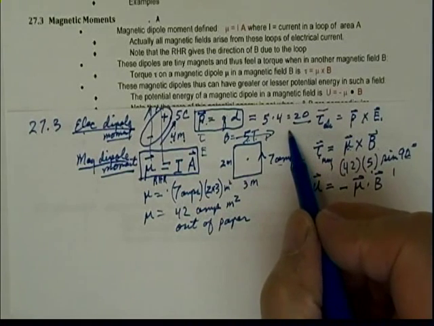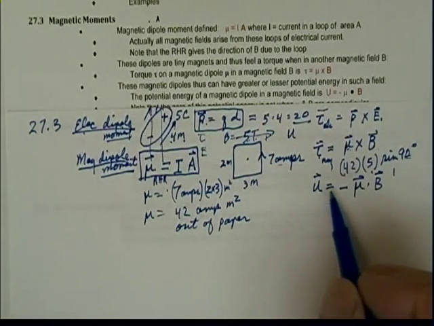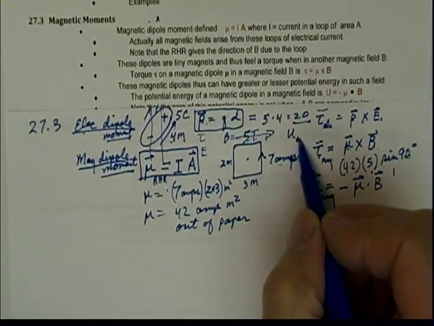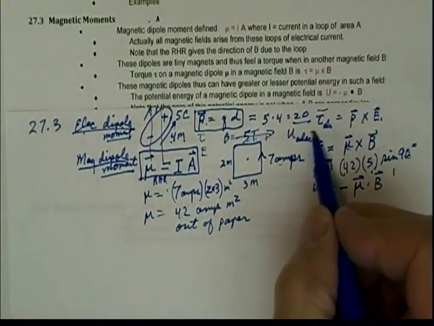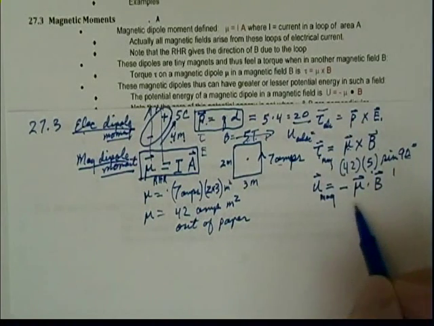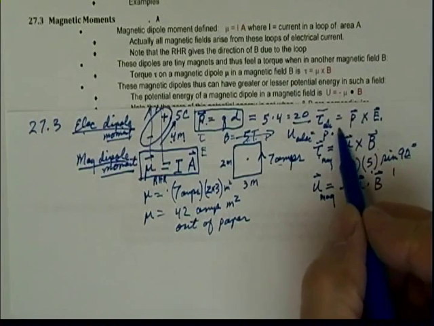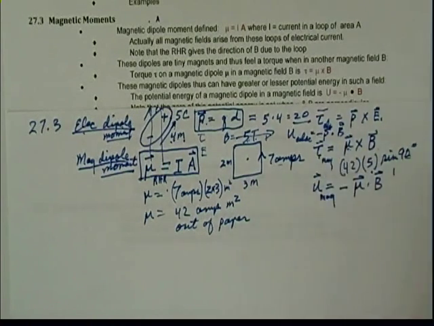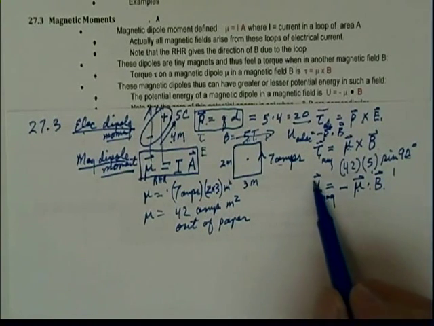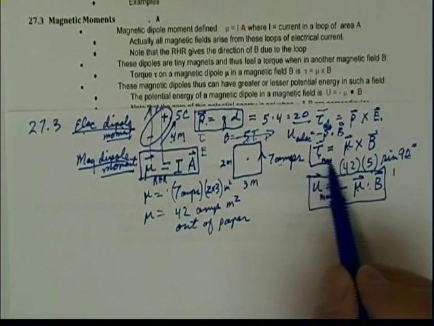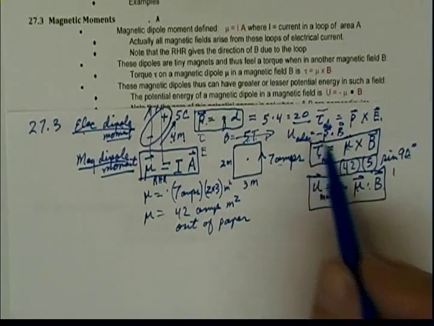We had exactly the same work up here. This is U, potential energy magnetic. The electric was equal to minus p dot E, just like this is mu dot B. And so there's an exact parallel of this formula with the one in electricity and this formula with the one in electricity.